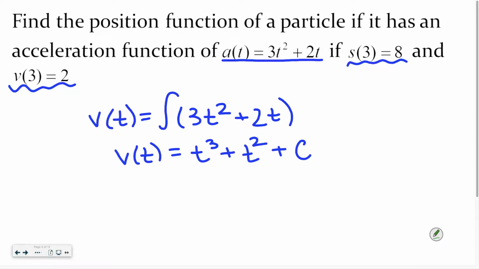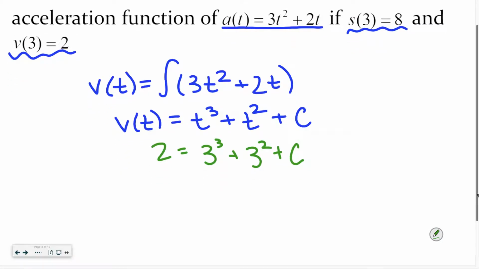So now we can put in here that our velocity is 2 when t is 3. What's c? Do you agree with Turner?